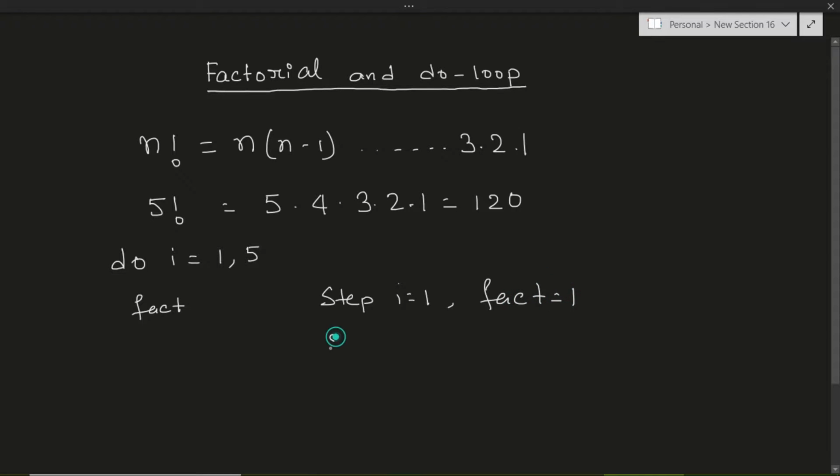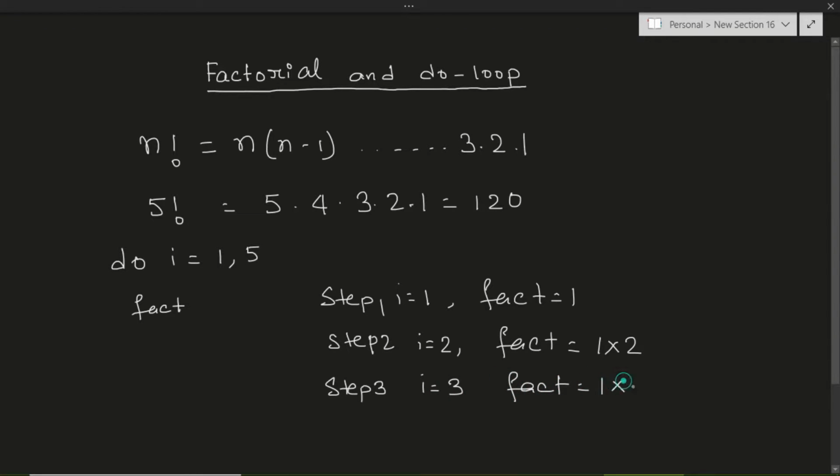In the second step, when I is 2, fact is 1 times 2. That is, you have to multiply the number with the previous one. Similarly, in step 3, when I is 3, fact is 1 times 2 times 3, and it will go like this.